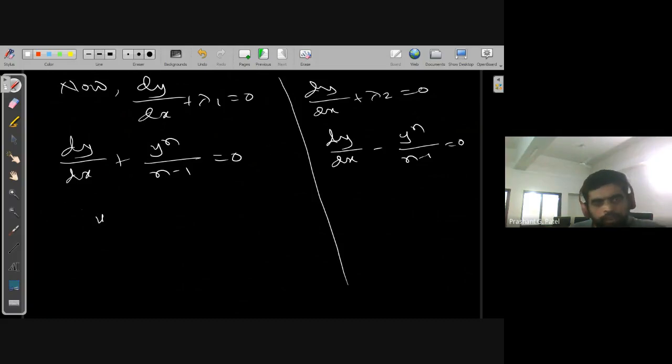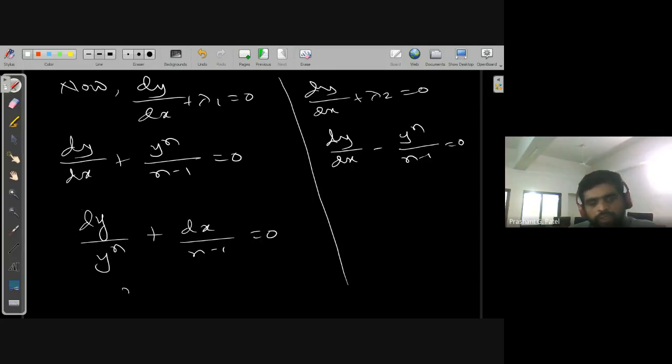Integrating, we have dy by y^n plus dx by (n-1) equal to 0.